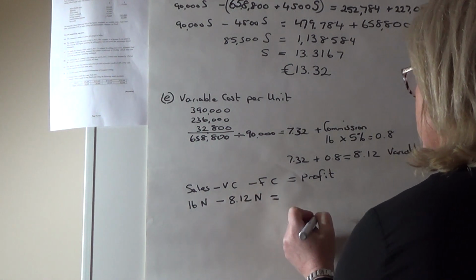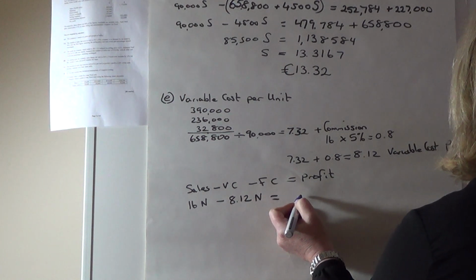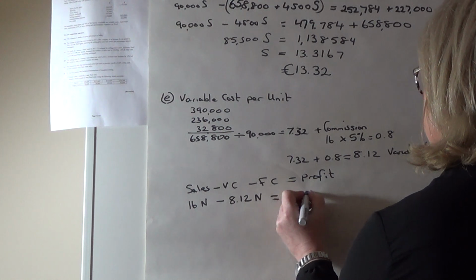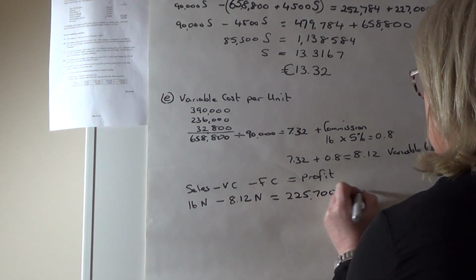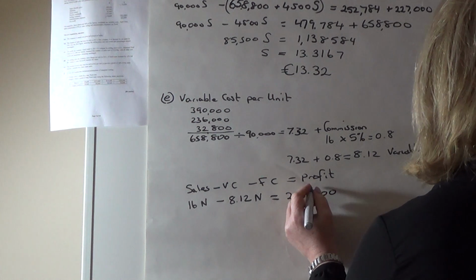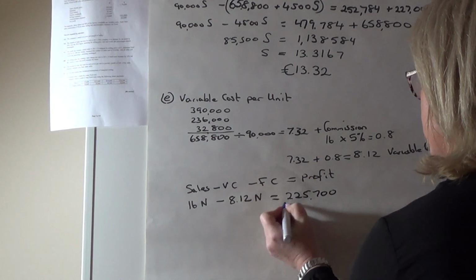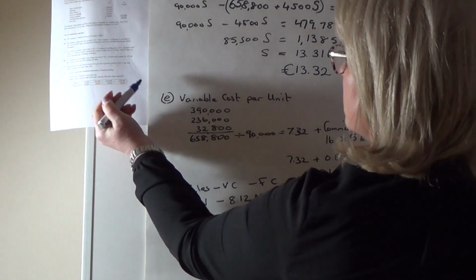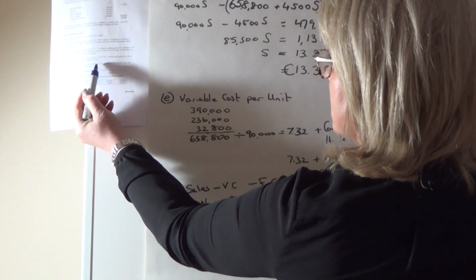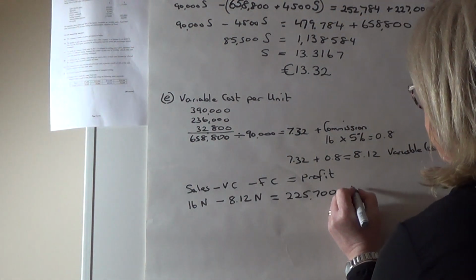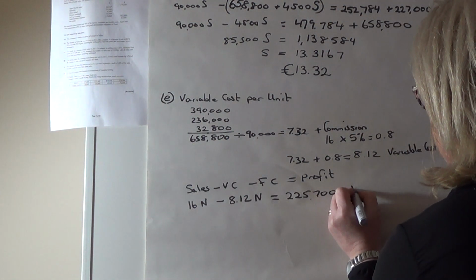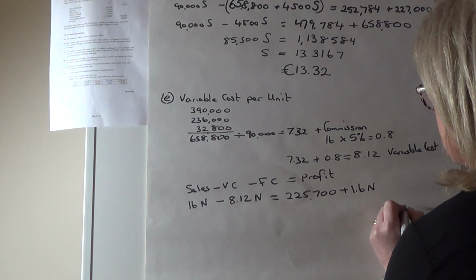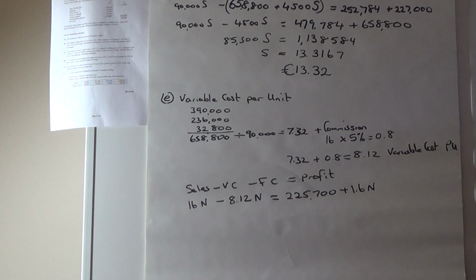And on the fixed costs, I'm going to bring the fixed costs over to the other side because I do know that figure. My fixed costs are not changing, and that's 225,700. And that is, bringing the minus over becomes a plus, and I'm going to add that onto the profit figure. And the profit, we're told, is 10%. So 10% of 16 is 1.6. And again, we don't know the number of units, so that's 1.6 n there.